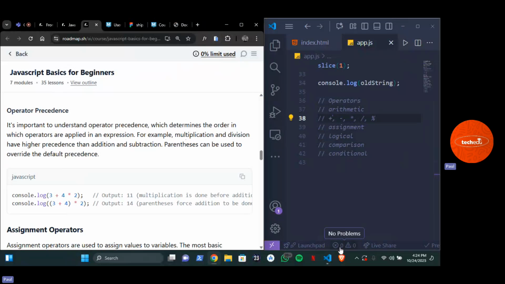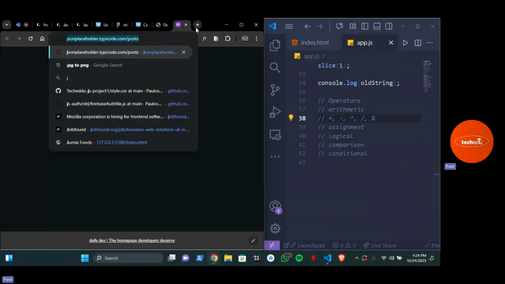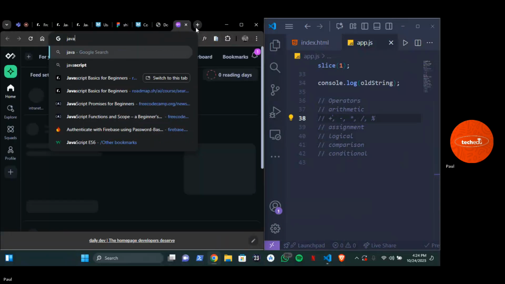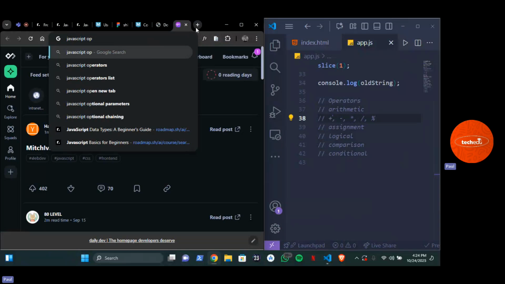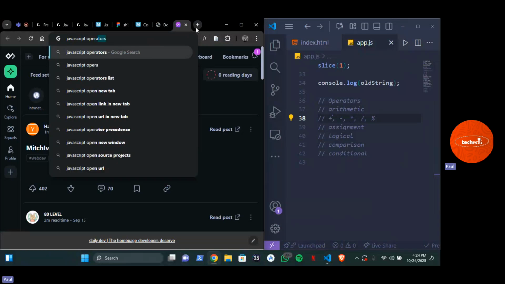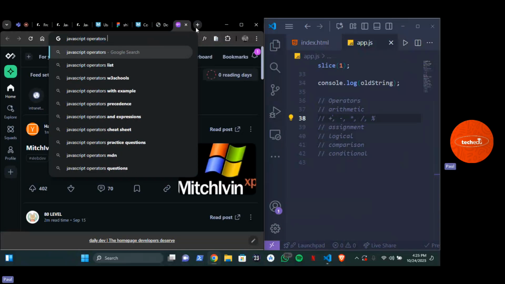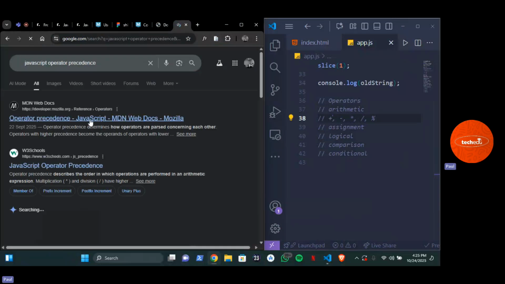So sometimes you have arithmetic precedence, where certain operators come before others. But if you use BODMAS in any arithmetic operation, you will definitely get your answer correctly. You can still go ahead and study operators. So you can check this place: JavaScript operators, operator precedence, that's the MDN.